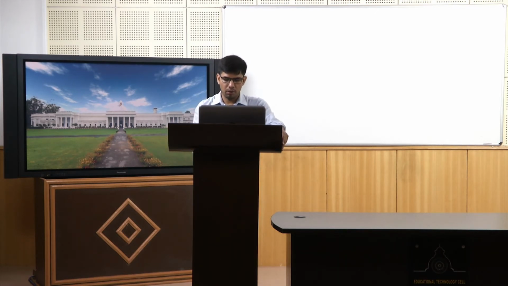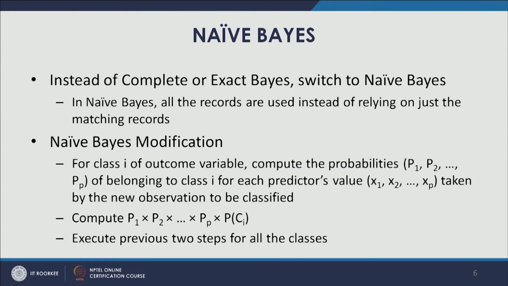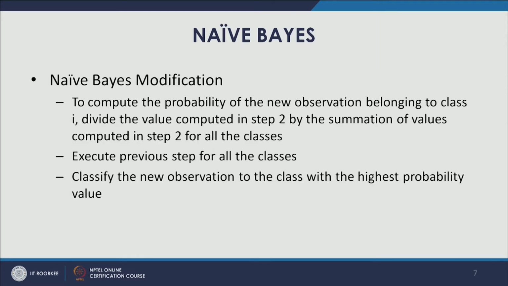We talked about in step 3 that steps 1 and 2 have to be repeated for all the classes. The values that we get for different classes, we sum, and this value becomes the denominator. We divide the value computed in step 2 for class I by this summed up value.